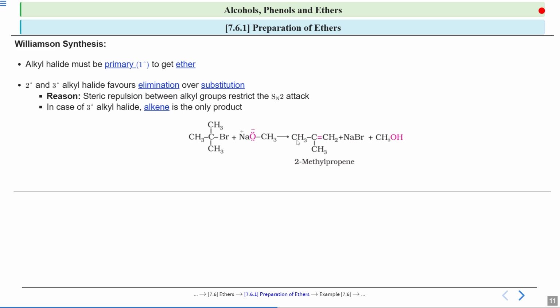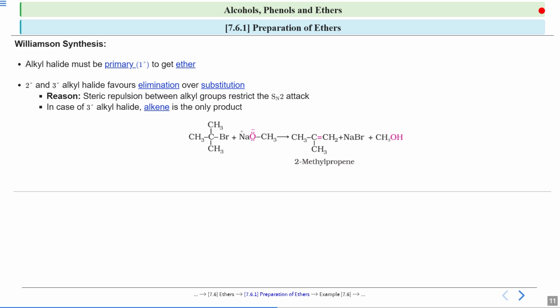This is the longest carbon chain, 1, 2, 3. On the second carbon there is a methyl group, so it will be 2-methyl propene. So if you are taking a 3-degree alkyl halide, then this will favor the elimination reaction because of the steric repulsion between your alkyl groups. In this case, your ether will not be formed, your alkene will be formed. You need to remember this.